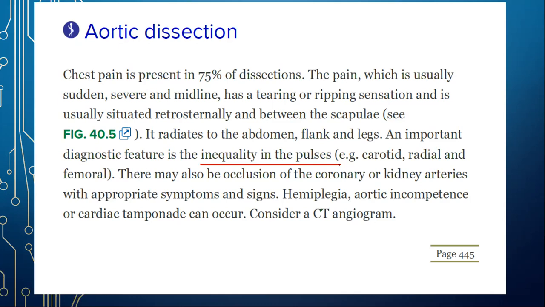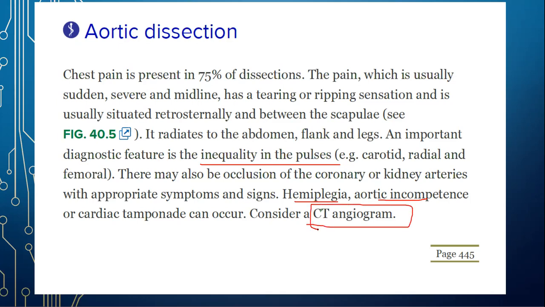That inequality in the pulse of both arms, inequality of the blood pressure of both arms, is a very important finding for aortic dissection. Sometimes aortic dissection also can be complicated with hemiplegia and aortic incompetence as well.